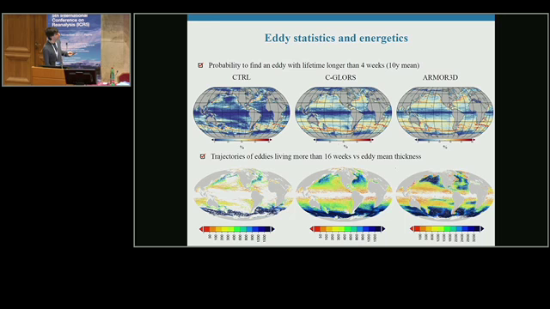In Armor3D, you have very deep eddies, and this is related to the fact that, as the authors of Armor3D said, there is a strong correlation between the spatial variability at surface and at depth in the density field of Armor3D. And this is why you have these very deep eddies.